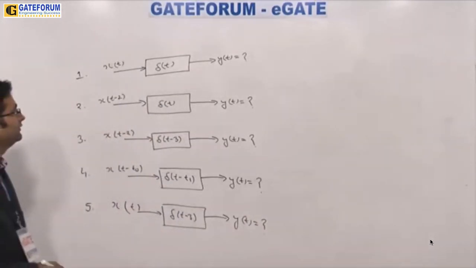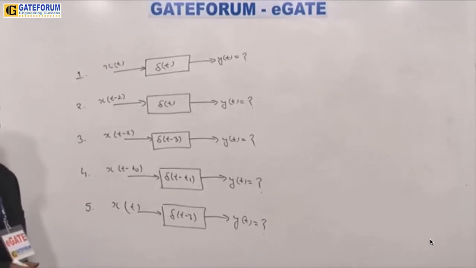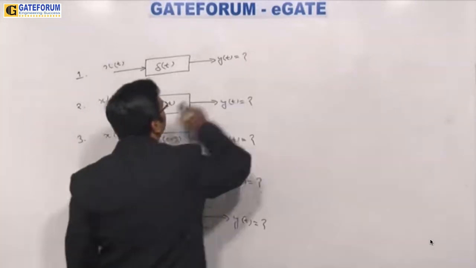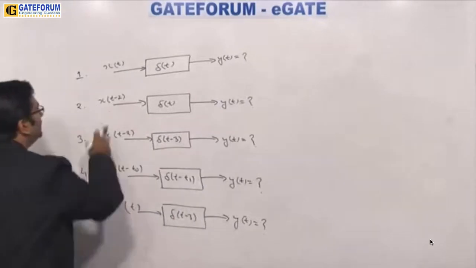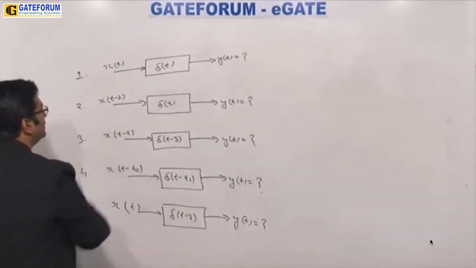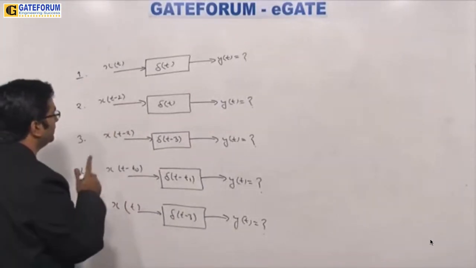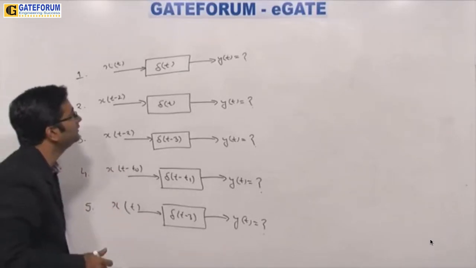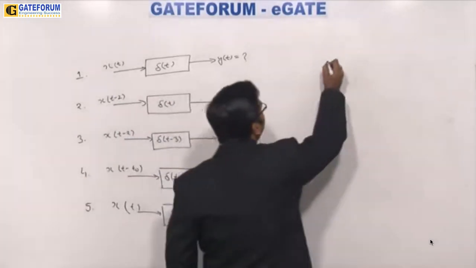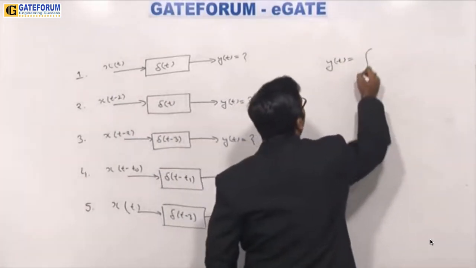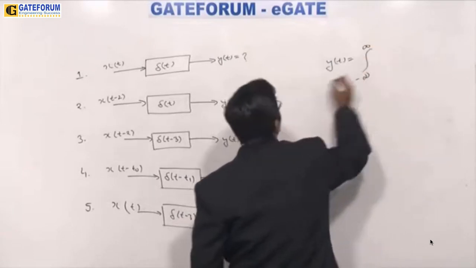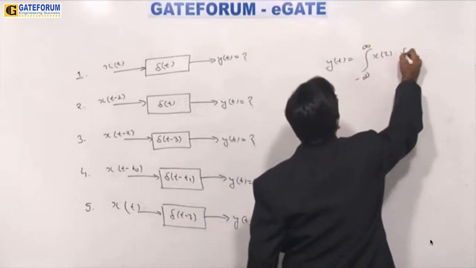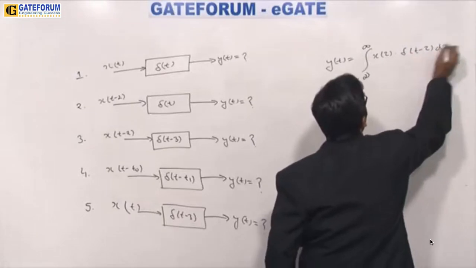What is the output of these systems? They are all linear time invariant systems. If x(t) is the input and delta(t) is the system response, what is going to be the output? y(t). If x(t minus 2) is the input and delta(t) is the system response, then what is the output? See, it's all very easy. We just have to follow the relationship of convolution. y(t) is the integral from minus infinity to infinity of x(tau) delta(t minus tau) d tau.